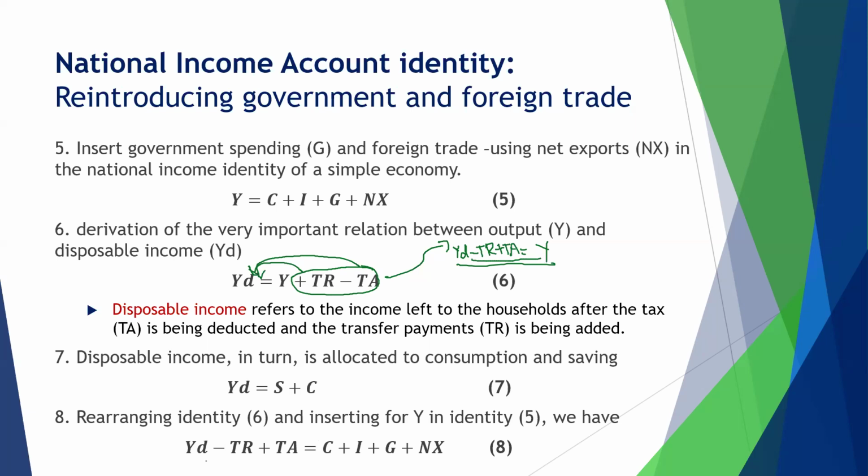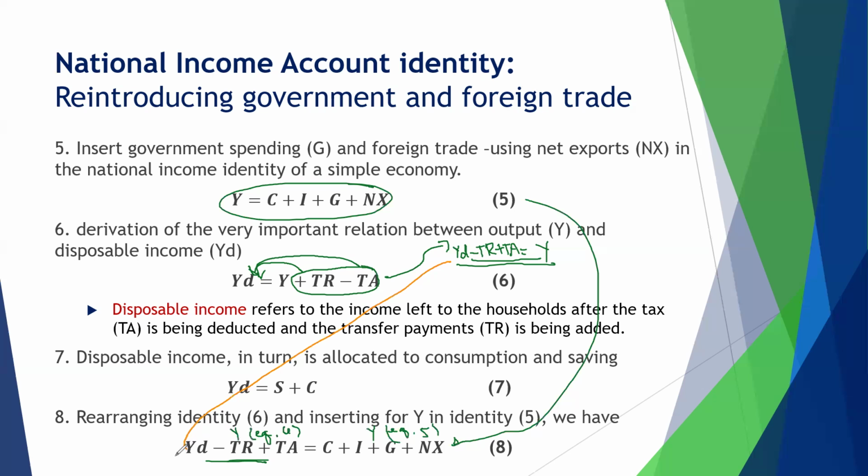So that is why we have this, right? Now, this is equivalent to Y. So this is the Y for equation 6, and this is also the Y as we presented in equation 5. So this is more on equation 6 and this is more on equation 5. I hope that's clear.